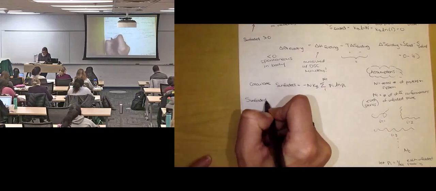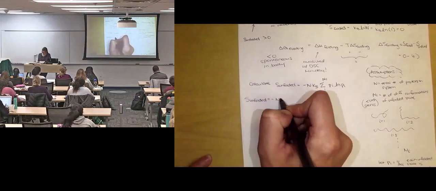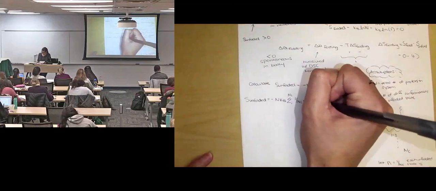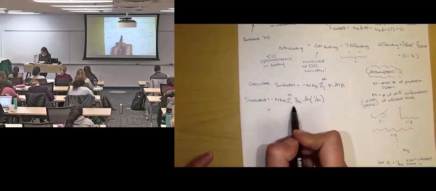So then if we plug our assumptions into our entropy calculation, S unfolded will be given by negative N k_B times the sum from conformation 1 up to the total number of conformations, 1 over n sub c times the natural log of 1 over n sub c. And I am summing this term up n sub c different times.